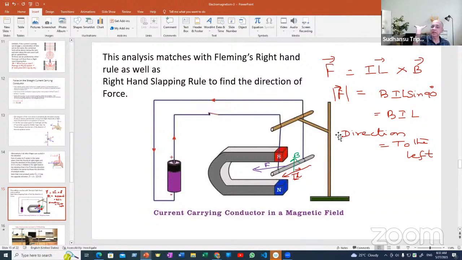And you will go this way. So the thumb is to the left. So the force will be explained now. Vector direction, current length vector direction, move to the field vector.